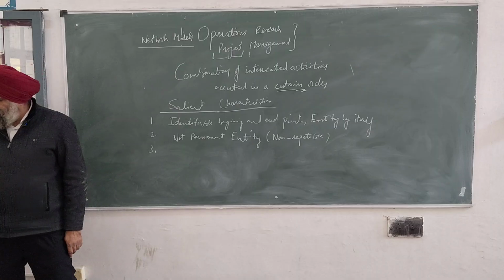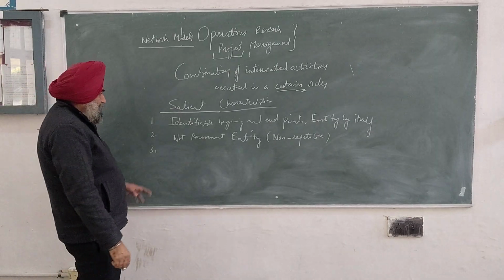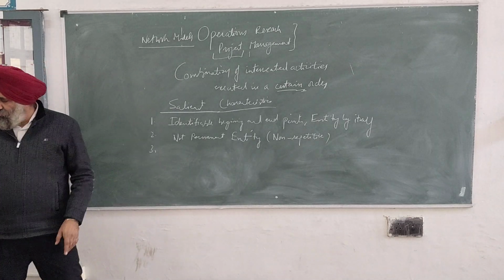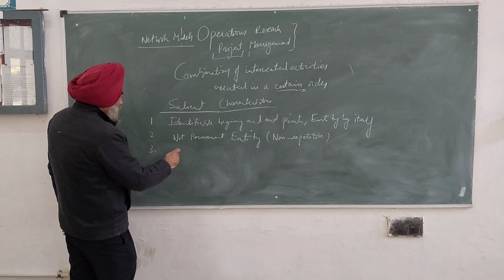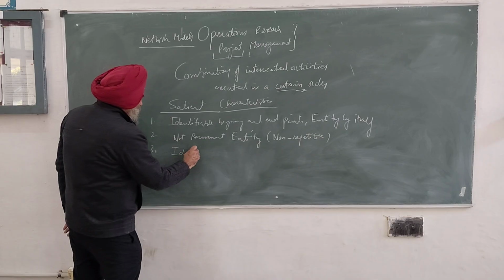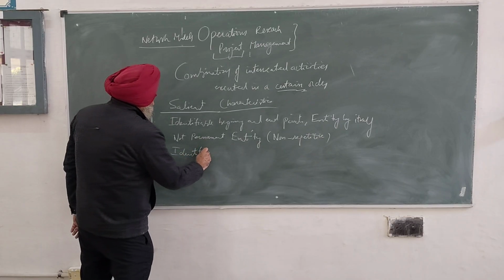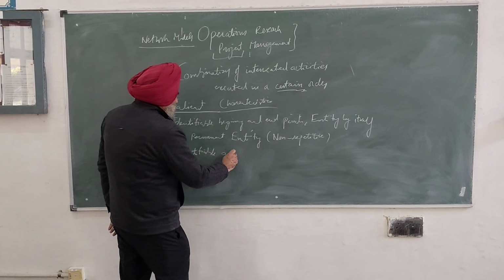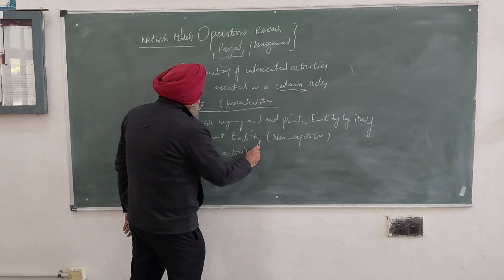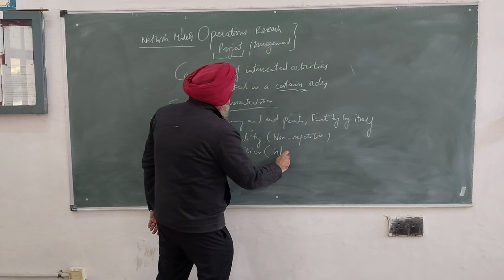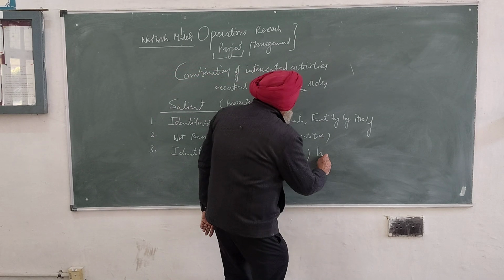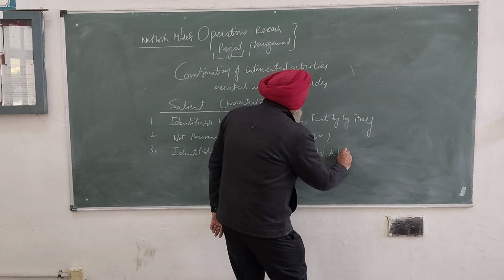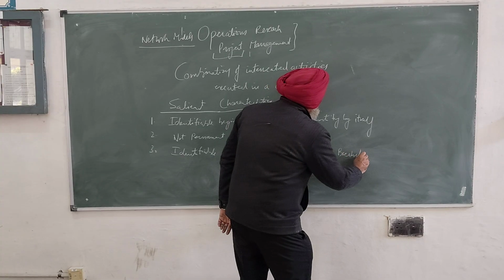The third characteristic: we must divide the project into different identifiable activities. Basically, this is known as the work breakdown structure. Why should we do it?